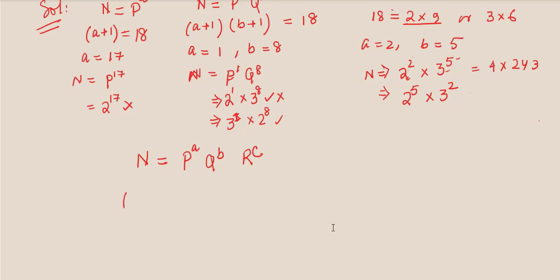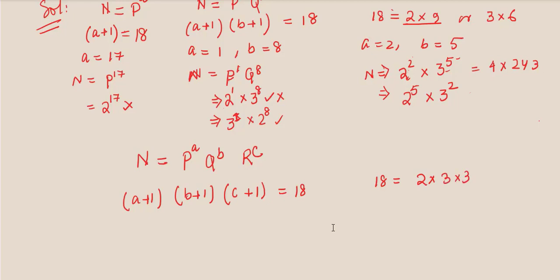From here we will get a plus 1, b plus 1, and c plus 1 multiplied together equals 18. And if we write 18 as a product of 3 numbers, then it's 2 multiplied by 3 multiplied by 3.